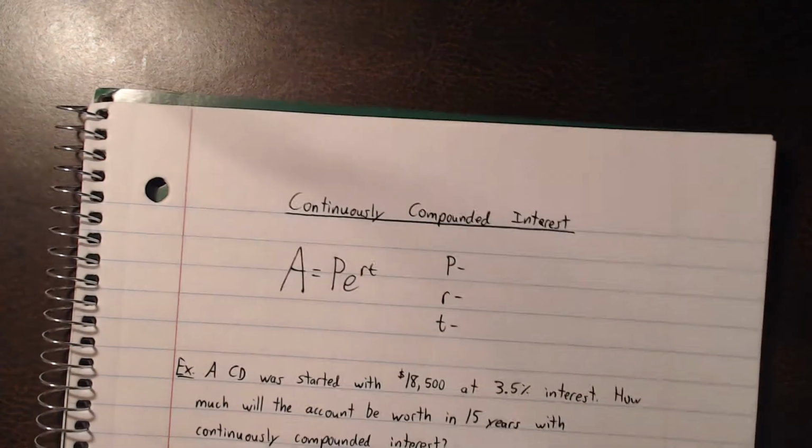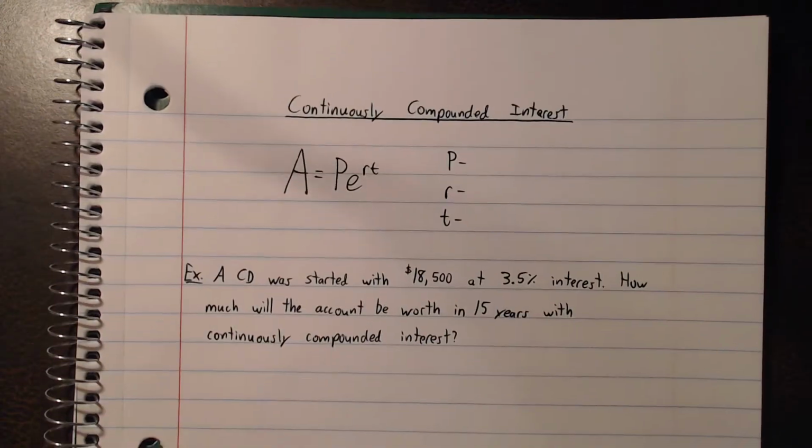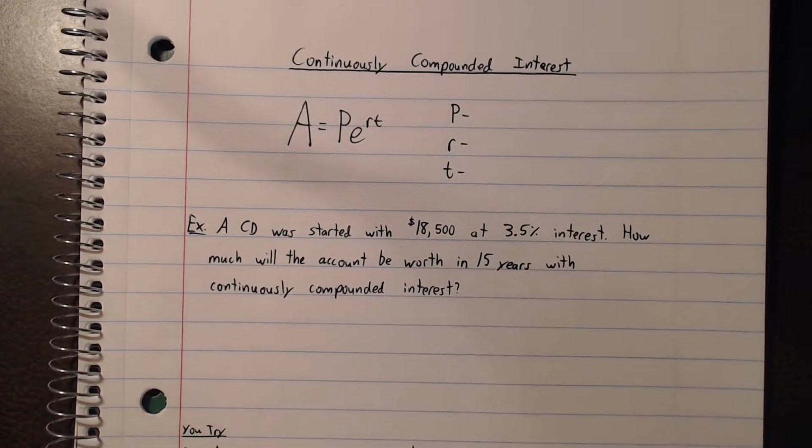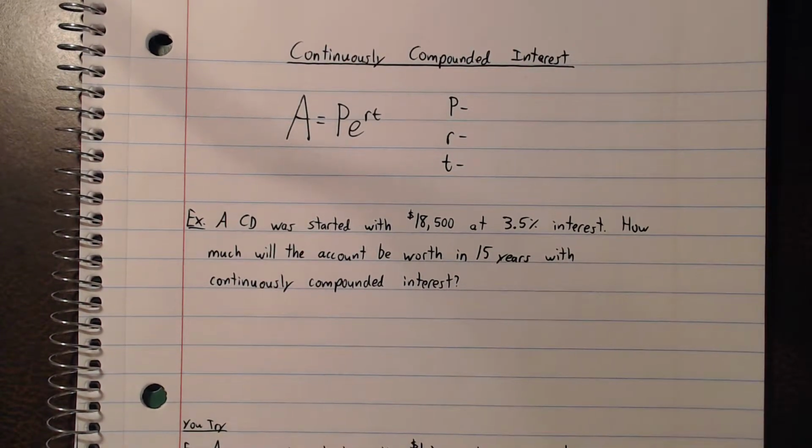We're not quite done. We got one more thing, and then we're all done with exponential functions, right? We're all done with the unit after this one little bit. Continuously compounded interest. This is actually something that you should care about. Very similar to compounded interest from before, where it talks about money and bank accounts.